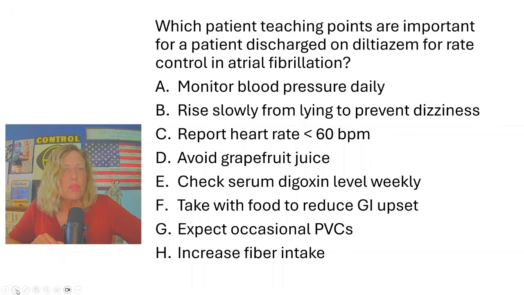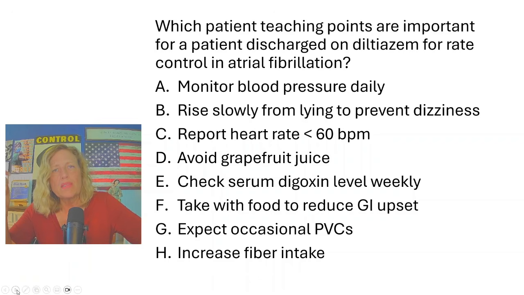Which patient teaching points are important for a patient discharged on diltiazem for rate control in atrial fibrillation? So even if we can't get them out of the AFib, it does control the rate, which is the ventricular rate. The options: monitor blood pressure daily, rise slowly from lying to prevent dizziness, report heart rate less than 60, avoid grapefruit juice, check serum digoxin level weekly, take with food to reduce GI upset, expect occasional PVCs, increase fiber intake.